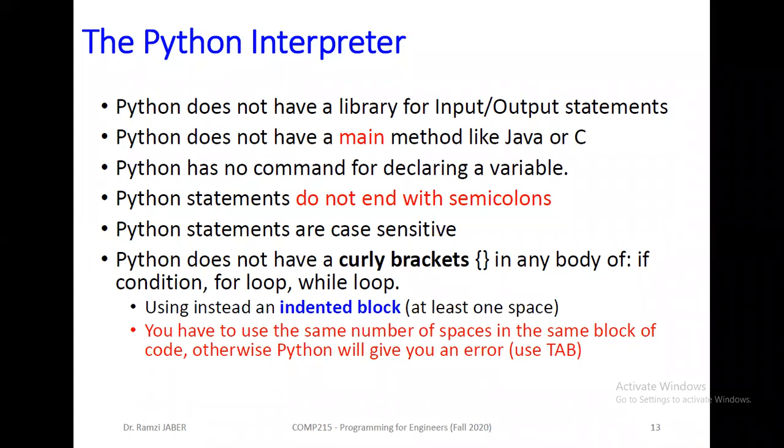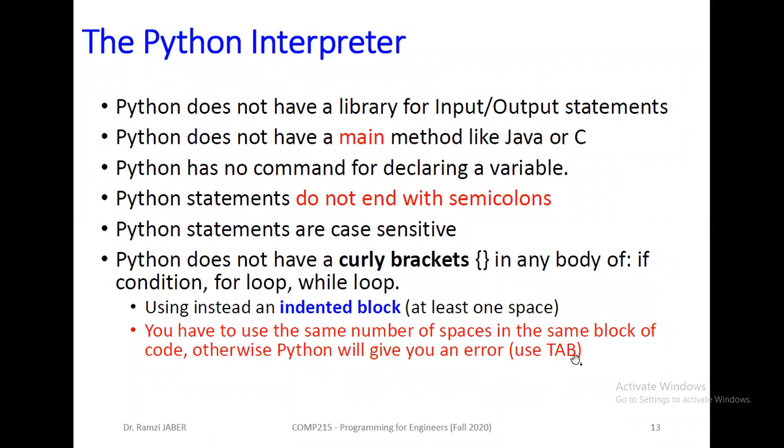In Python, we don't need curly brackets in the body of if, for, while, but instead we use an indent block. Indent block means at least you need to move one space. You have to use the same number of spaces in the same block of code. Otherwise, Python will give you an error.